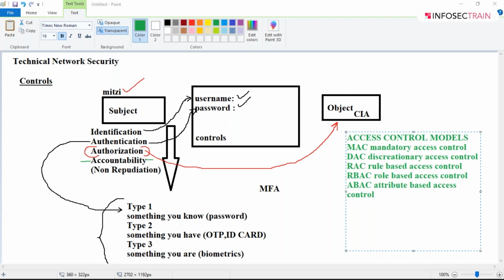It happens, guys. One of my students came from the Netherlands last year, and I was teaching him CHFI, that is the forensic investigator course. During the session, I asked him how he was managing his official work along with the training.